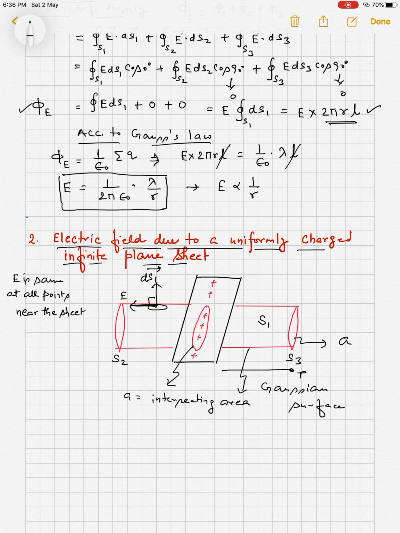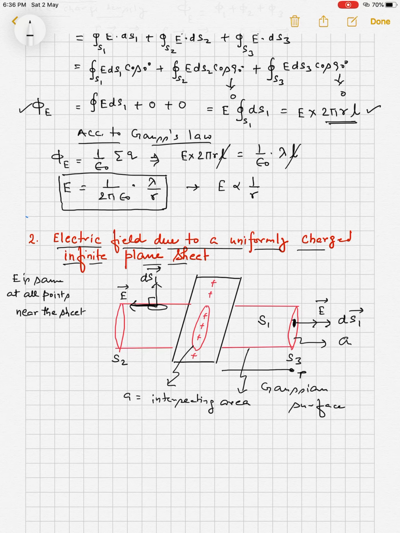For the surface S1, that is a plane surface, again we consider a small element. The area vector is the outward drawn normal, and the electric field also will be in this direction of ds1.